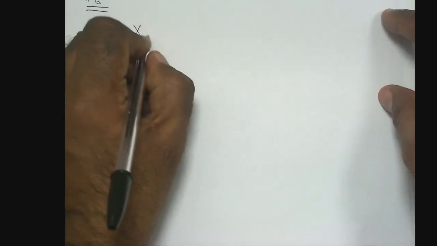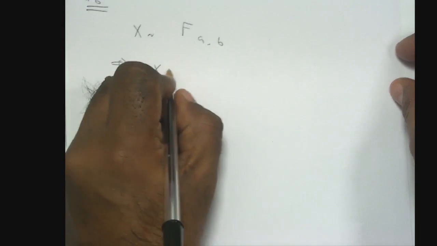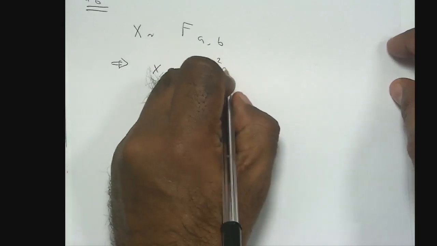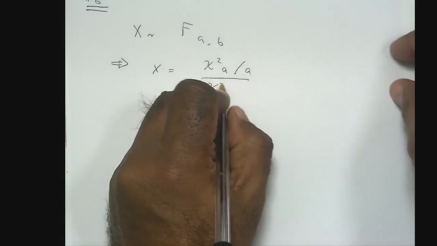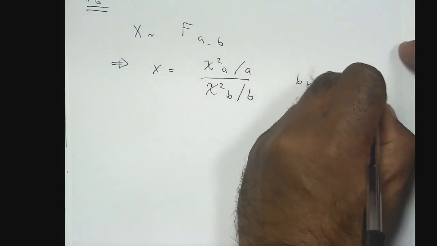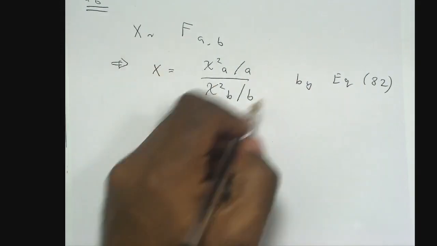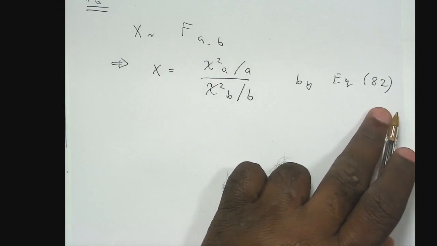This is question 6, guys. Question 6, part 1. You are told that X follows an F distribution with parameters a and b, which implies that X, by equation 80, and if you look at equation 82 of the lecture notes, an F variable can be represented by this equation 82.